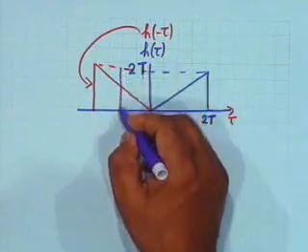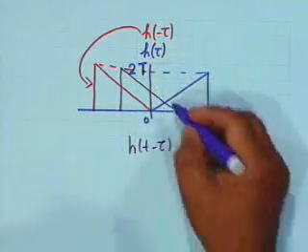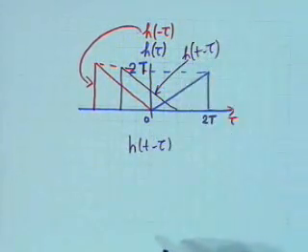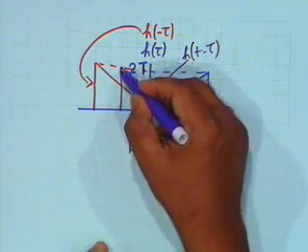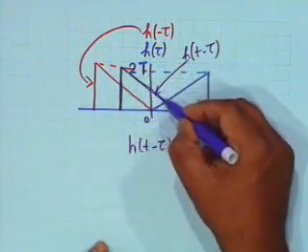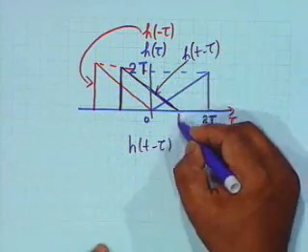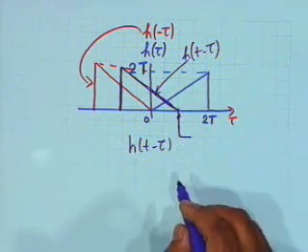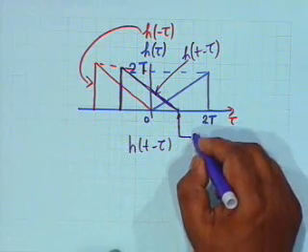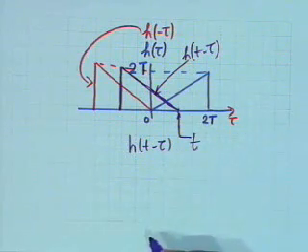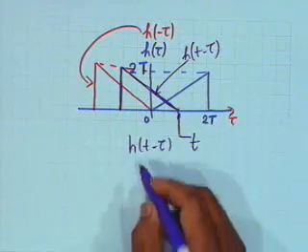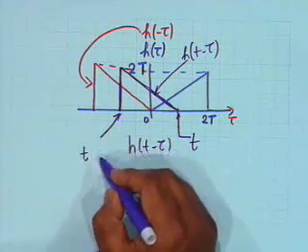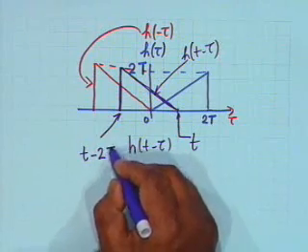And therefore, a typical h of t minus tau shall be like this. The violet curve, where this abscissa shall be equal to small t, because at tau equal to t it becomes 0, and this shall be small t minus 2T.